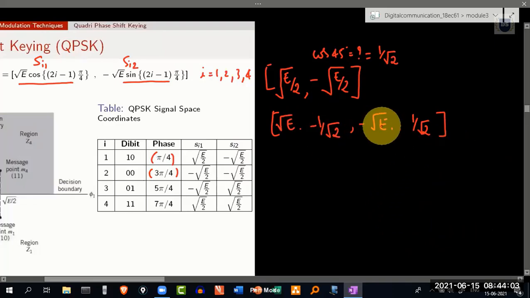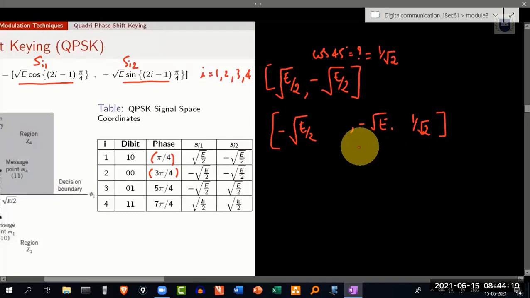And in turn, I can combine these two because square root is common between them. My first point will be minus square root of E by 2, and the second point will be equal to minus square root of E by 2.